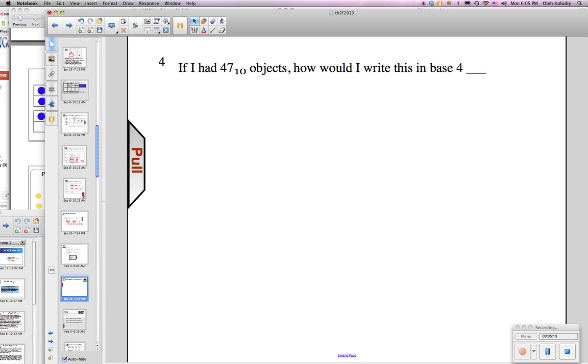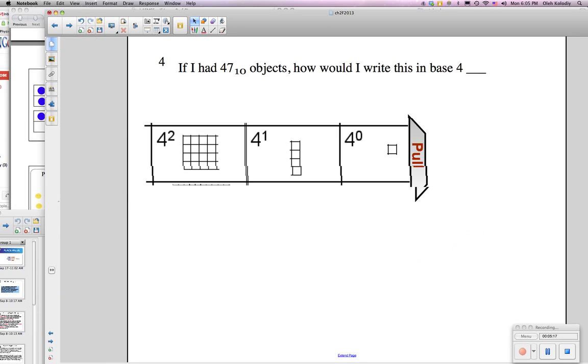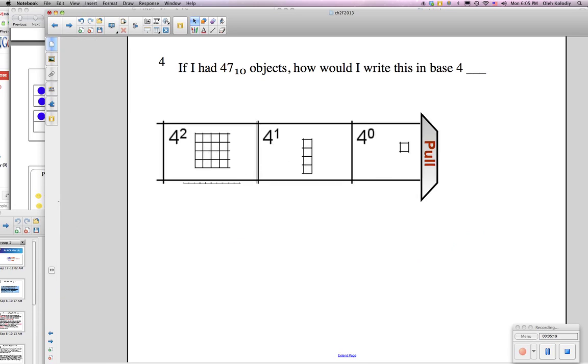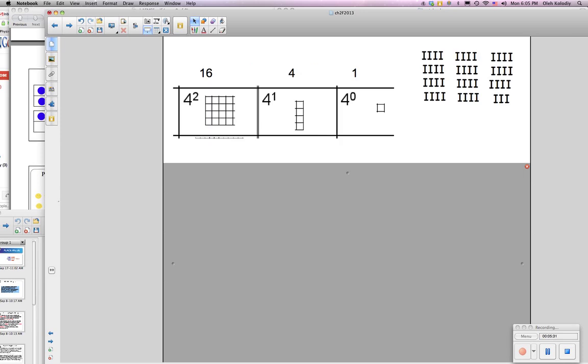If we went the other way, if we had 47 in base 10, how would you write this in base 4? Stop the tape and see if you can answer this question. In order to answer it, you would need, again, to know the place values. We had 47 objects. How many groups of 16 can you make?